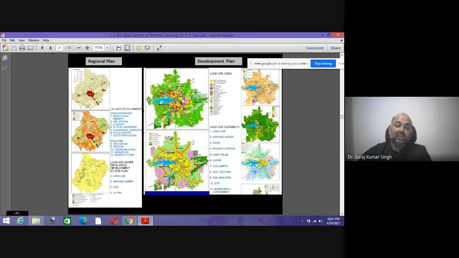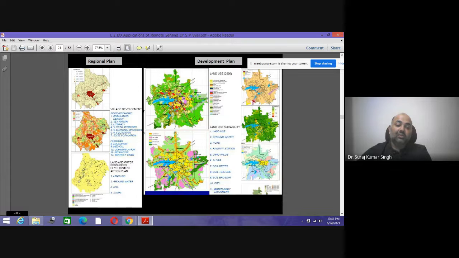So using the satellite images, you can see that we can map the various kinds of village development program, on the basis of which we can show the various kinds of socio-economic condition of that area, whether that is related to population density, whether that is related to sex ratio, literacy, percent of total literate, marginal workforce, percentage of cultivators, percentage of ST/SC population, what are the various kinds of facilities, whether that is related to education, medical facilities, communication, irrigation.